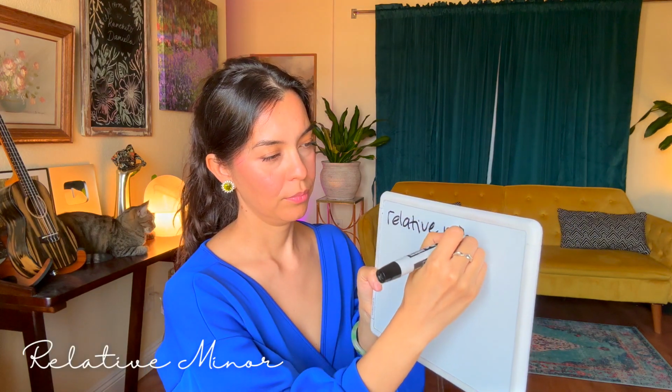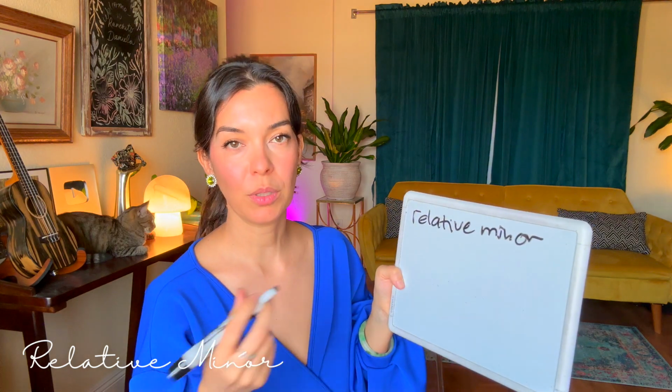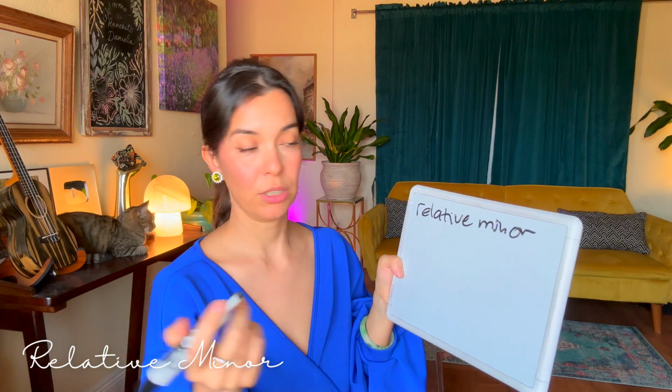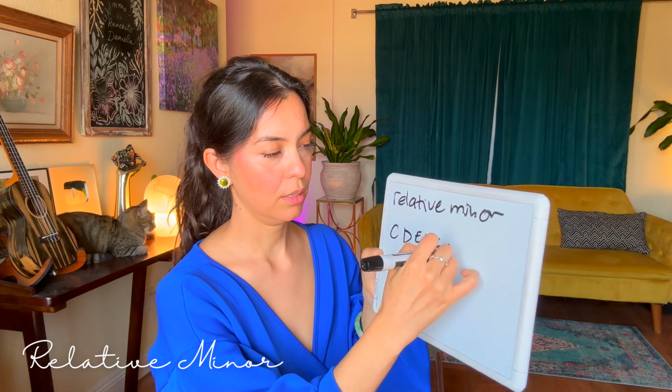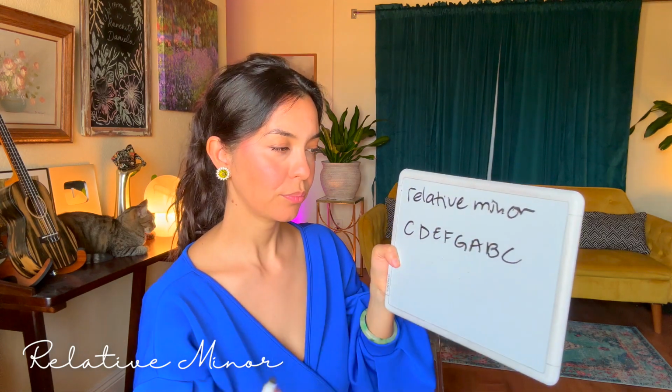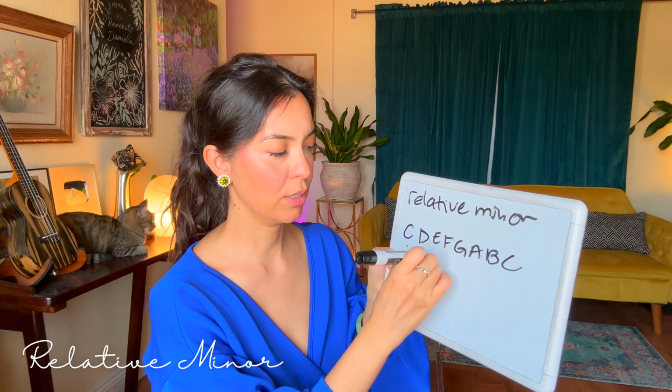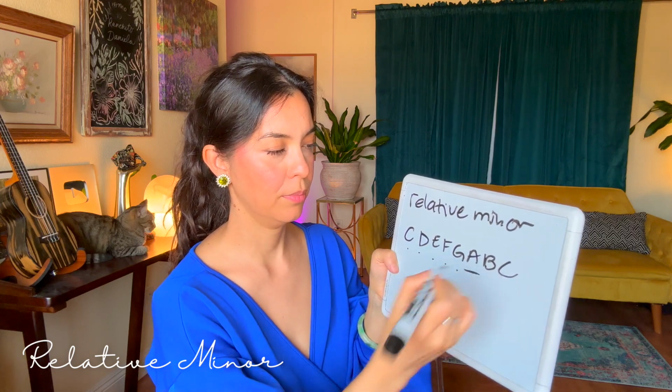But we learned also how to find the relative minor. And we did that by starting with a major scale. It can be your favorite major scale, but I just did C because it's an easy one to write. And we went to the 6th scale degree or 6th scale step.